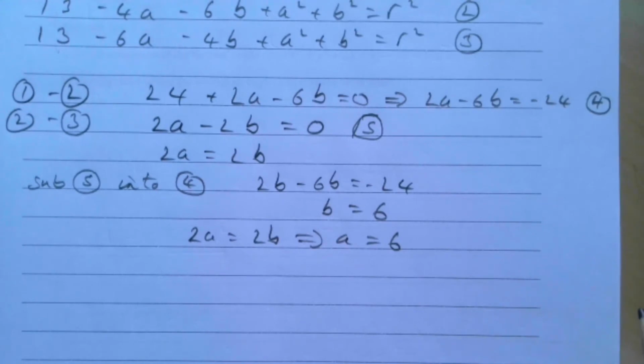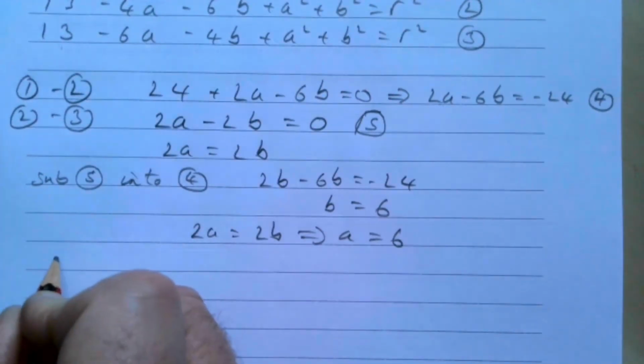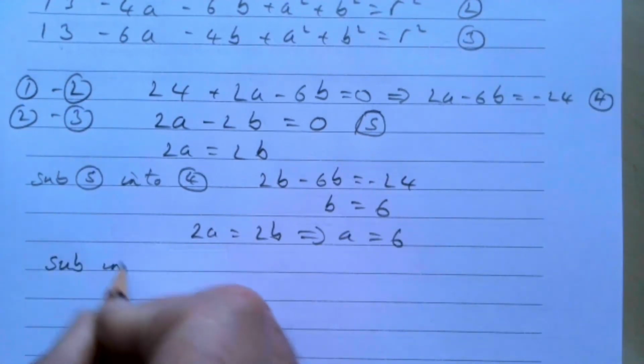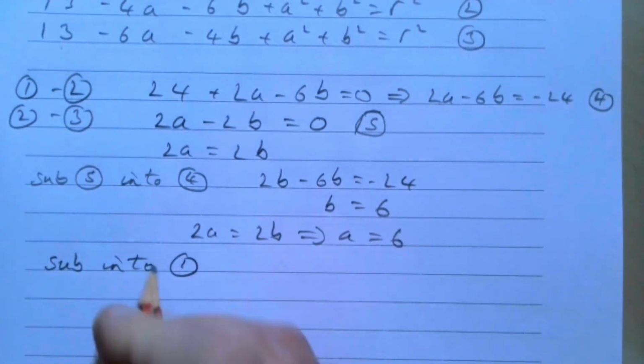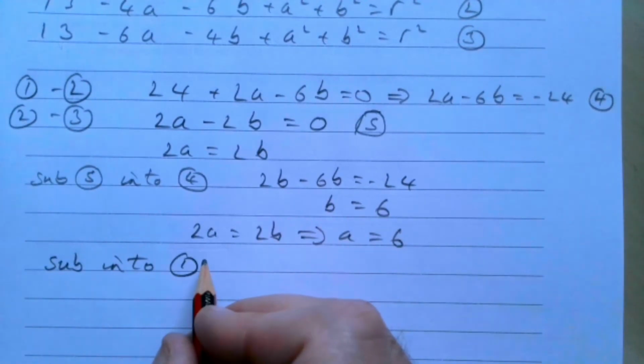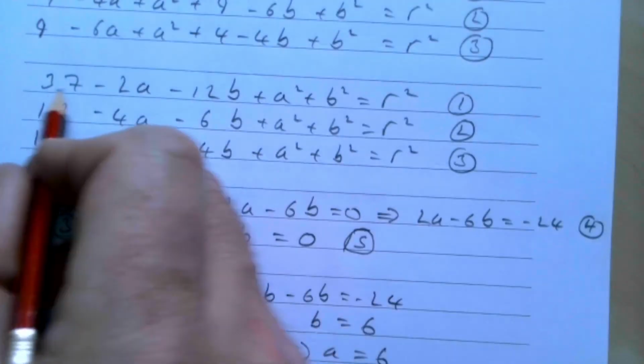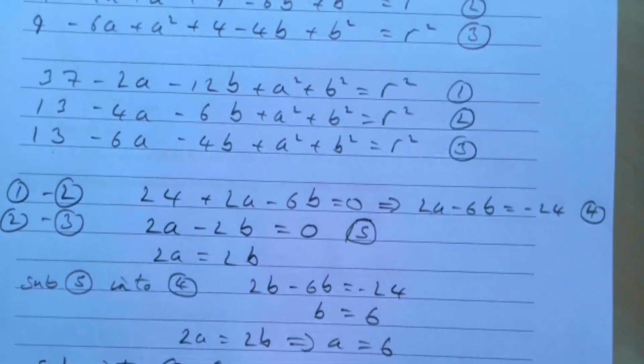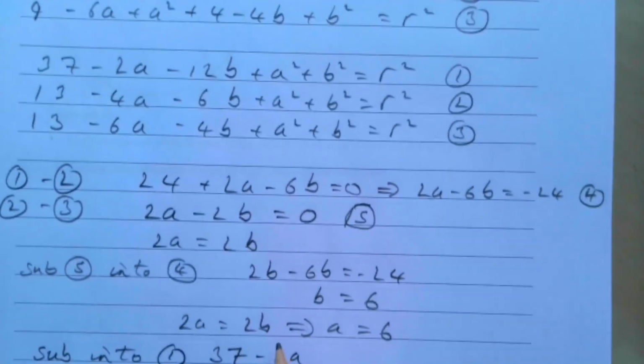So that's my centre, and for r we would substitute that back into 1, 2 or 3 and get our answer out. So let's substitute it into 1. Our equation 1 is 37 minus 2a minus 12b plus a squared plus b squared is r squared.